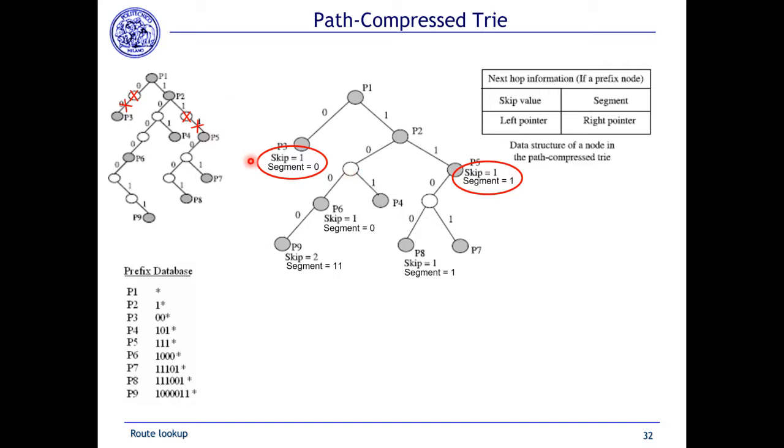In this case, the skip value is again 1, segment is 1 because this arc was labeled with 1. And the node P5 will be attached to the surviving arc, that is the one that comes out from P2. We can move on. Here is another example, the same as before. Okay, so again, skip 1, segment 0.